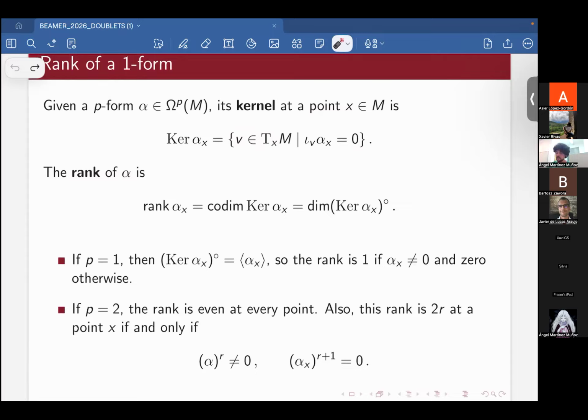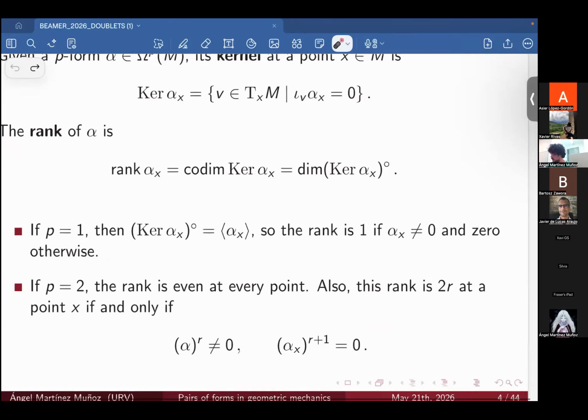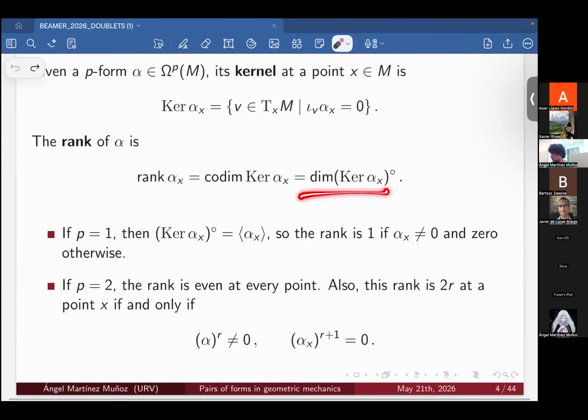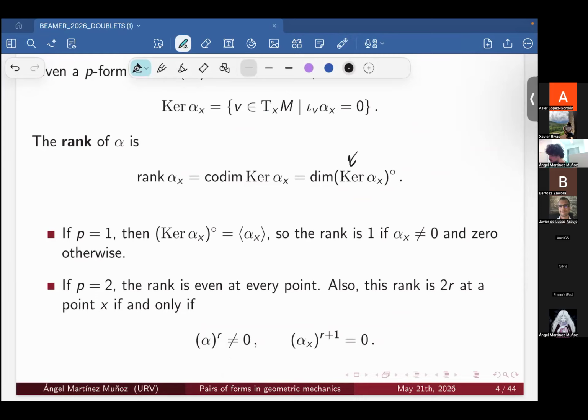So it would be the rank of the linear map induced by the P form just by taking a vector. And this matches the dimension of the annihilator of the form. So I will just recall here the annihilator. The annihilator would be all the covectors such that they are zero when contracted with something that's in the kernel, right? So you would have this definition here.